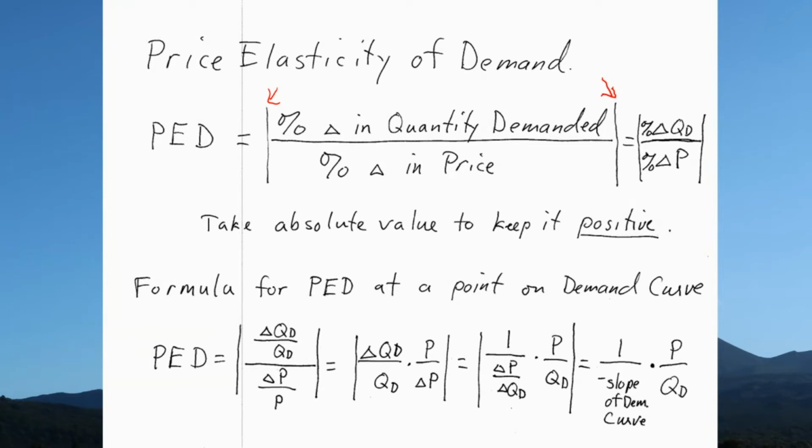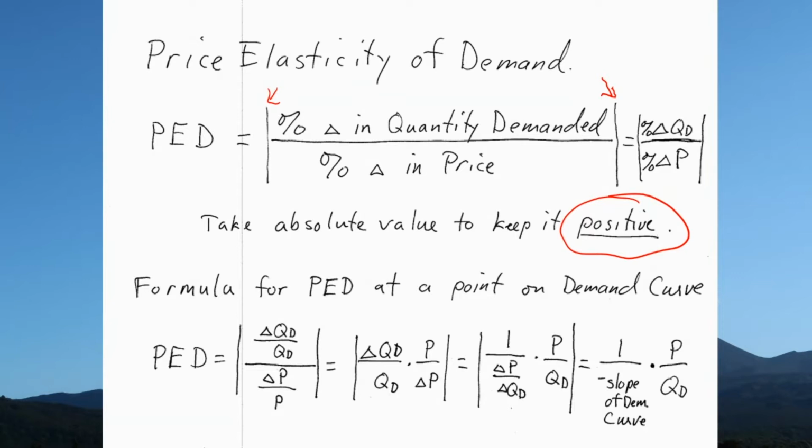This is a slightly different way of presenting elasticities of demand. In this class, I'm always going to want to consider the price elasticity to be a positive value. To get it positive, we're going to take an absolute value, so we change any negative value into a positive value and present elasticity of demand as a positive number.